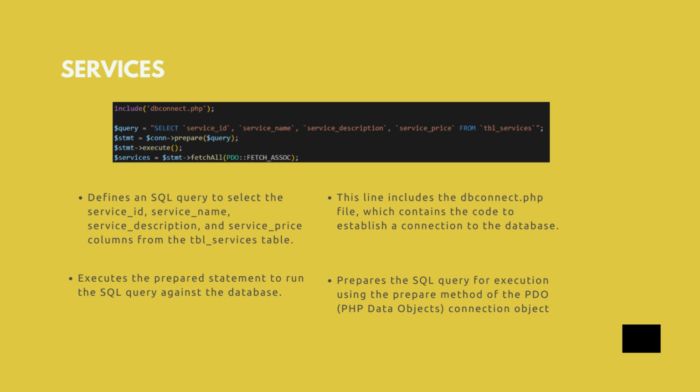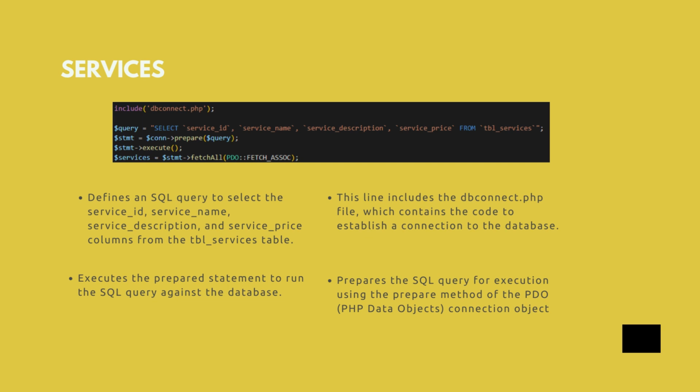Okay, so here's the service part. It will include the DB Connect PHP, which contains the code to establish a connection to the database, and then it will also define a SQL query to select the service ID, service name, service description, and also the service price columns from the table service.